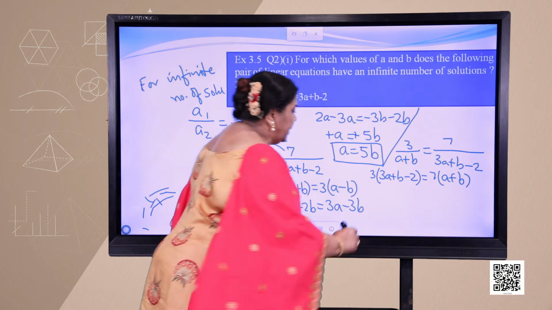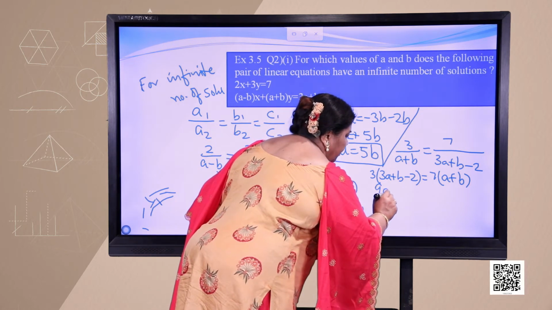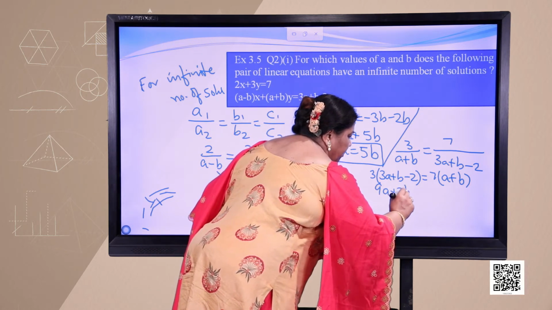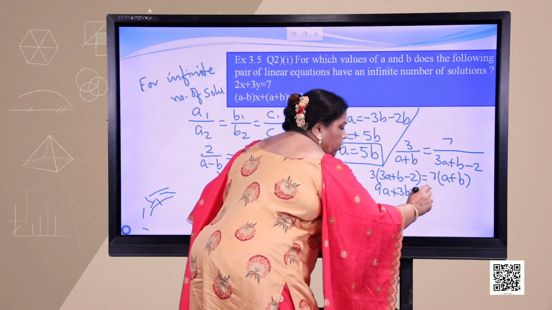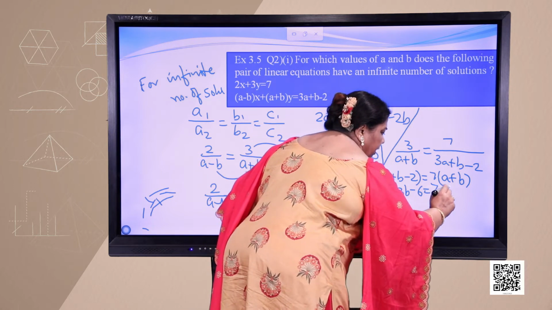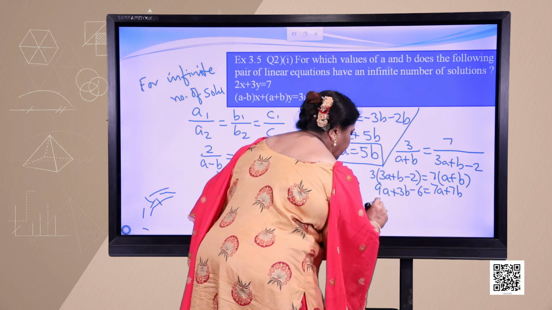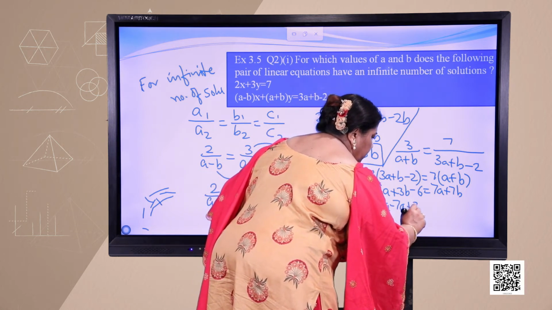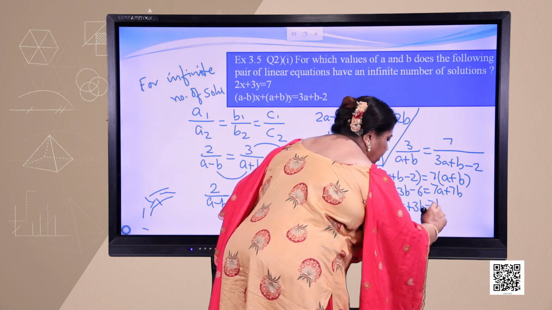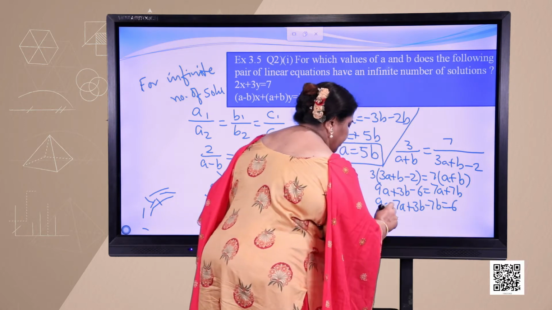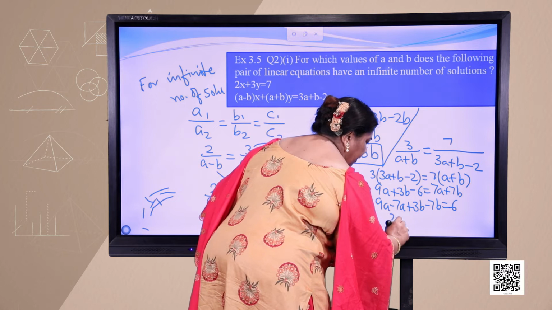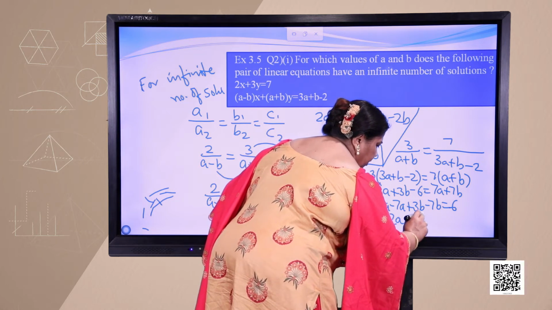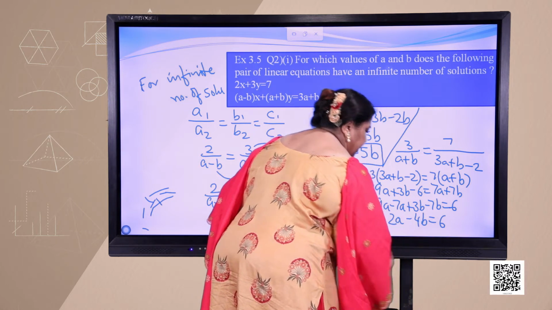On opening the brackets, I will have 9a plus 3b minus 6 is equal to 7a plus 7b. 9a minus 7a plus 3b minus 7b is equal to 6. So, it is 2a minus 4b is equal to 6.